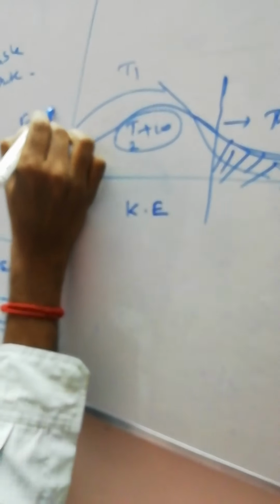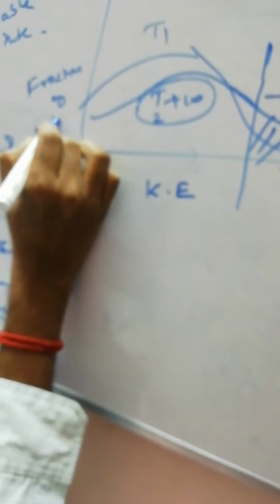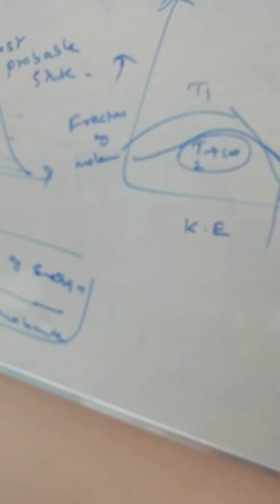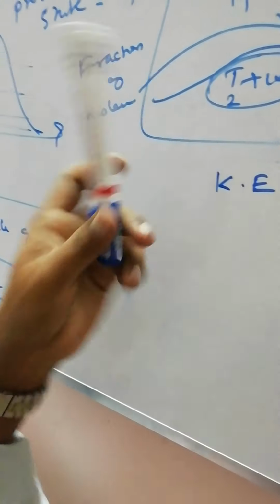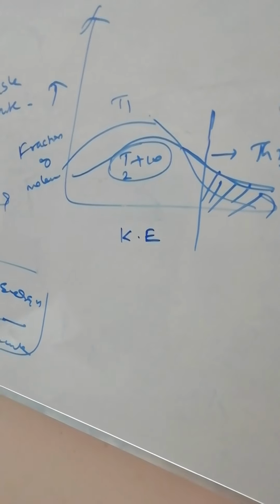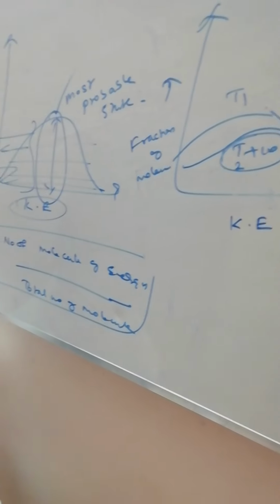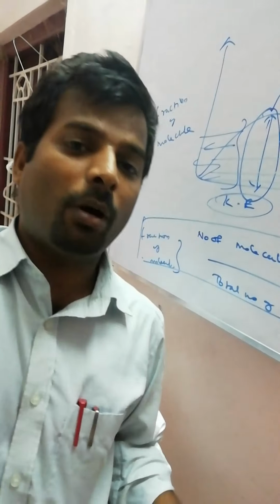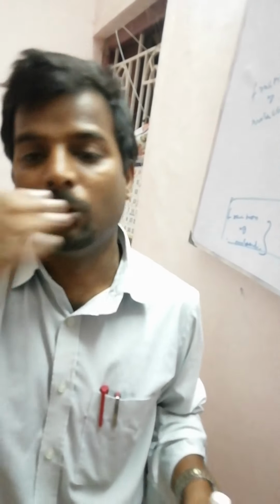Kinetic energy versus fraction of molecules. Think of a hurdle game: if the height of the hurdle is more, the person has to jump higher to move on. So the formation of product needs some time.